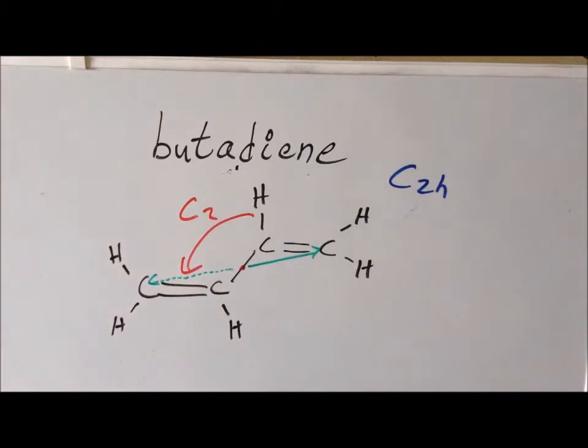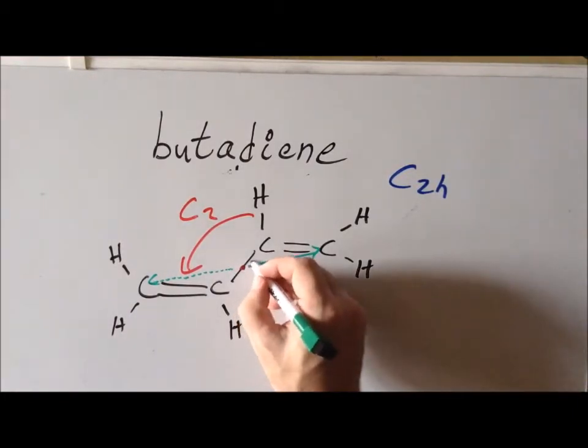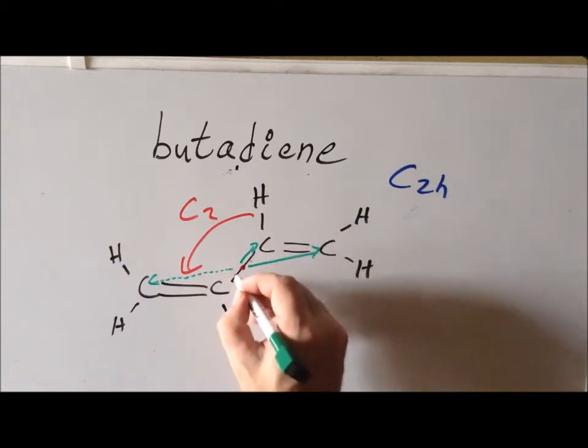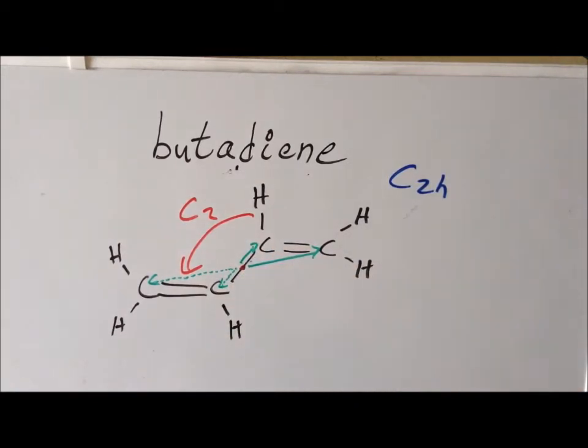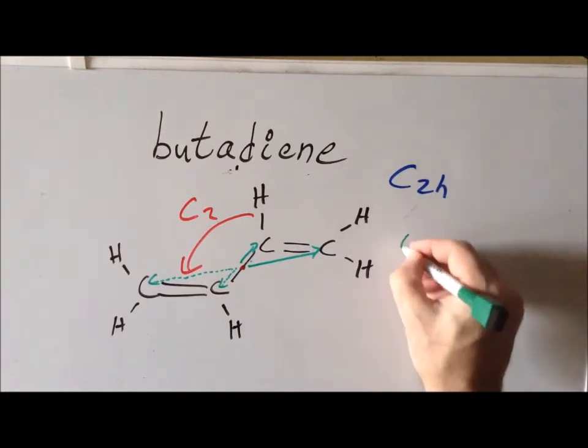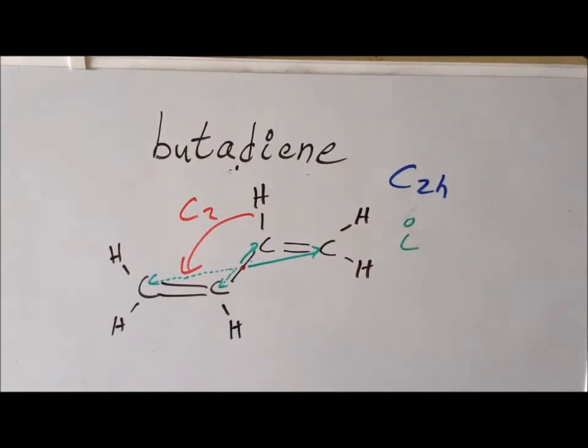If I go from here to this carbon, in the opposite direction, there's going to be a carbon atom also. And I can do this for all the combinations of atoms in the molecule, and I will see that it all works. Which tells us that we have the inversion symmetry operation, and therefore we confirm that the trans isomer of butadiene belongs to the point group C2H.